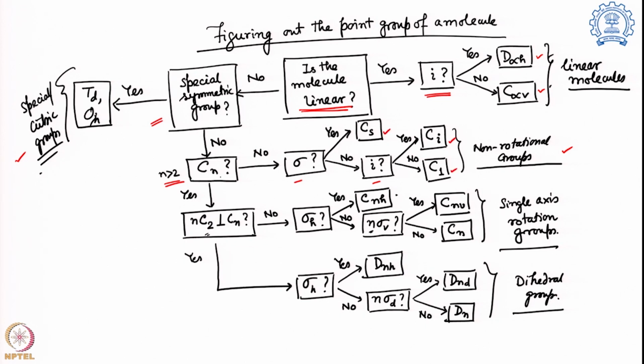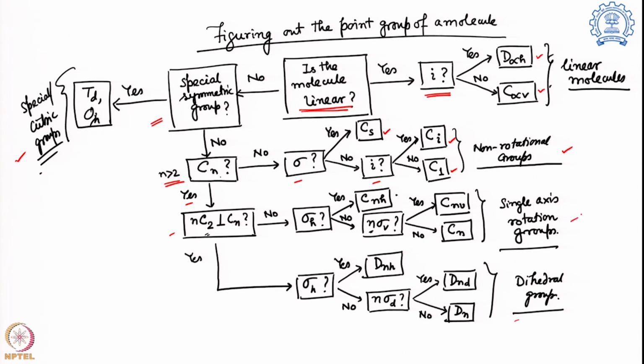Now, if the molecule has this Cn axis, then the possibility is that it will be a single axis rotation group, Cn based, or a dihedral group, Dn based. The main factor which differentiates them is whether you have n number of C2 perpendicular to it or not. If yes, then it belongs to a dihedral group; if not, it belongs to a single axis rotation group.